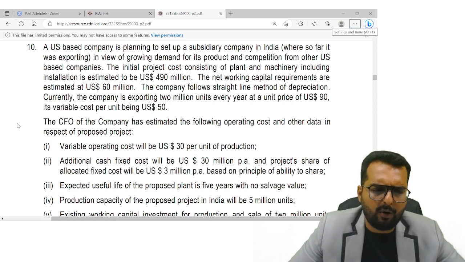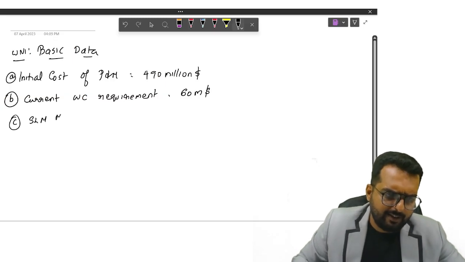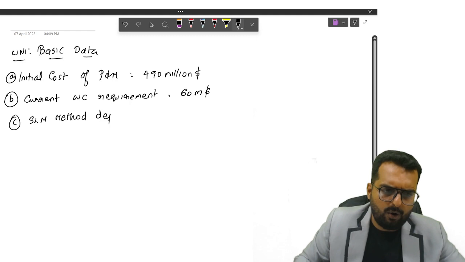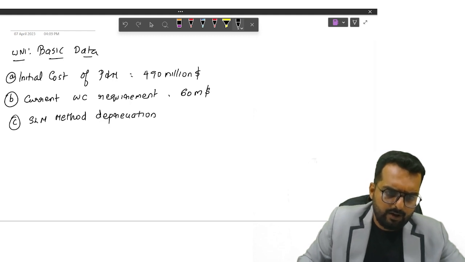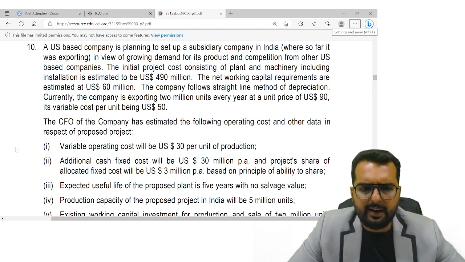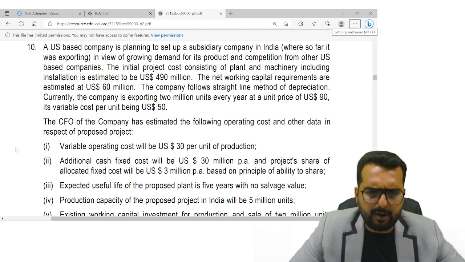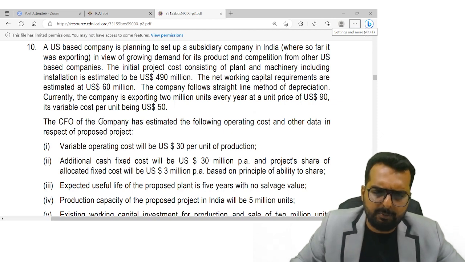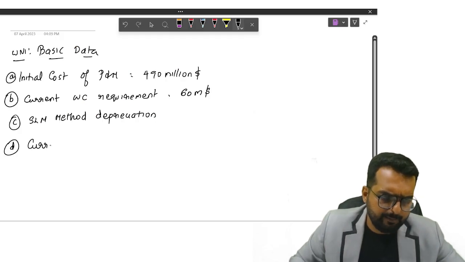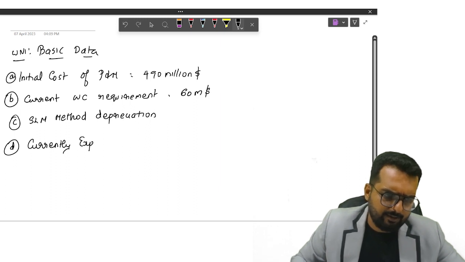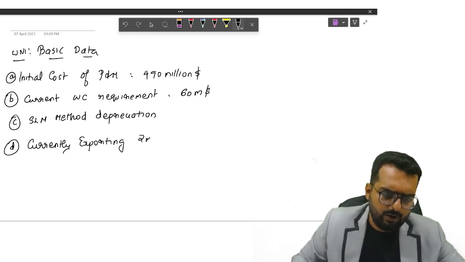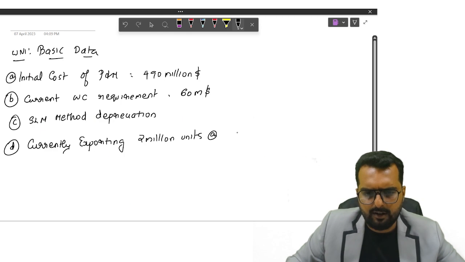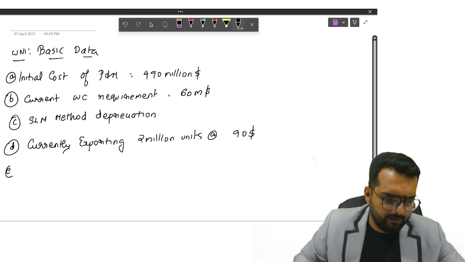Alright. Now the company follows the SLM method of depreciation. Apart from this, it is currently exporting 2 million units every year, at the rate of $90.